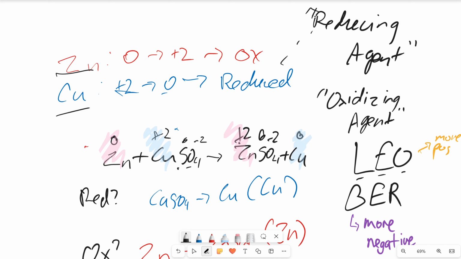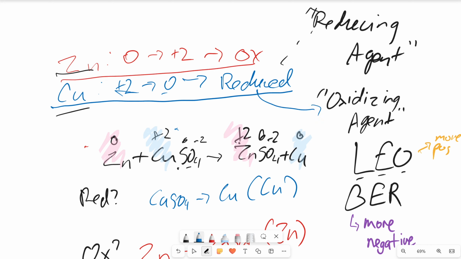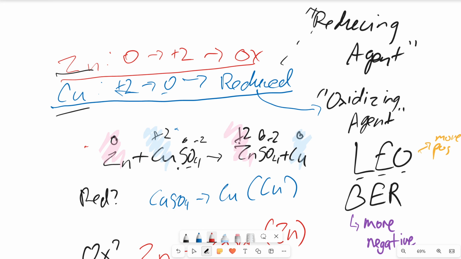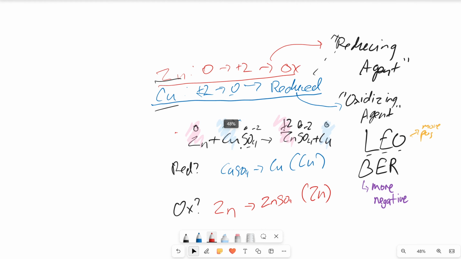We can't really say that the thing that's being reduced is the reducing agent, because that wouldn't make any sense. However, the element that's being reduced, copper, is causing the zinc to become oxidized, right? So copper is our oxidizing agent, and conversely, the thing that's being oxidized, zinc, is causing the copper to be reduced. Therefore, we can say that zinc is the reducing agent, right?